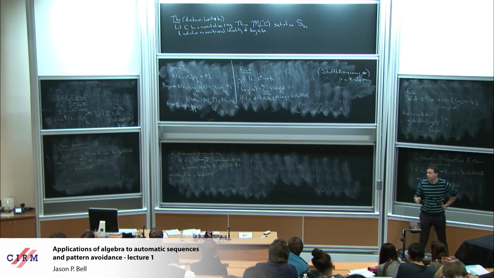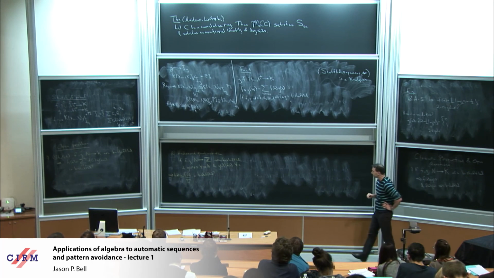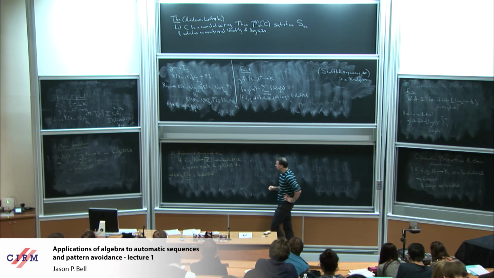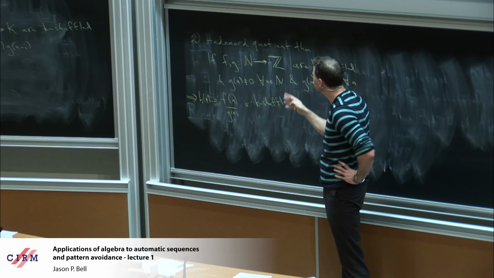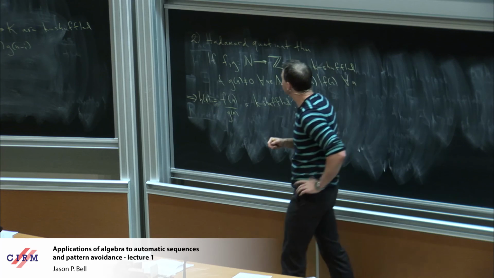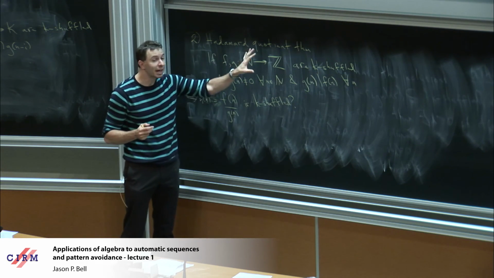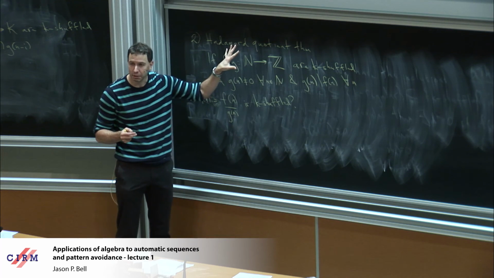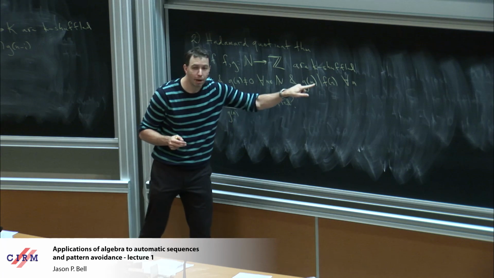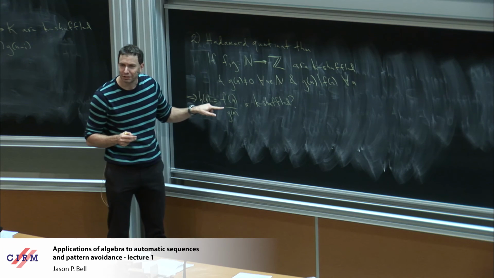Well, let me explain why I'm interested in this question. There's a famous theorem in number theory, the Hadamard quotient theorem, that says that if I have two functions f and g from N to Z, say, that each satisfy a linear recurrence, and suppose we have these two properties, then their quotient satisfies a linear recurrence.